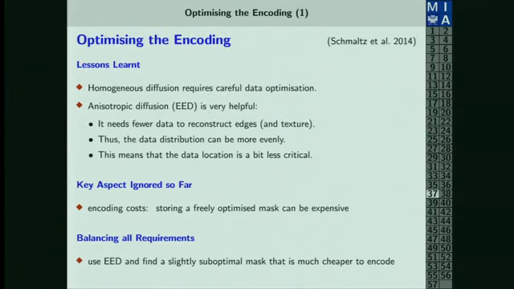So what we have learned is, okay, homogeneous diffusion is fine if you are able to select your data carefully and optimize it carefully. This anisotropic diffusion, this AED, is pretty helpful if you would like to reconstruct edges from a few data only. That means also for textured image structures.